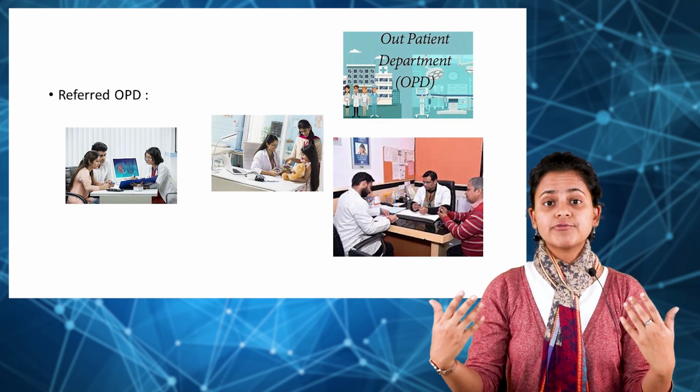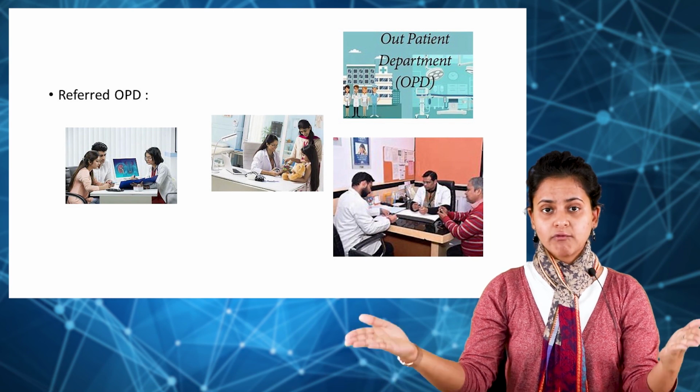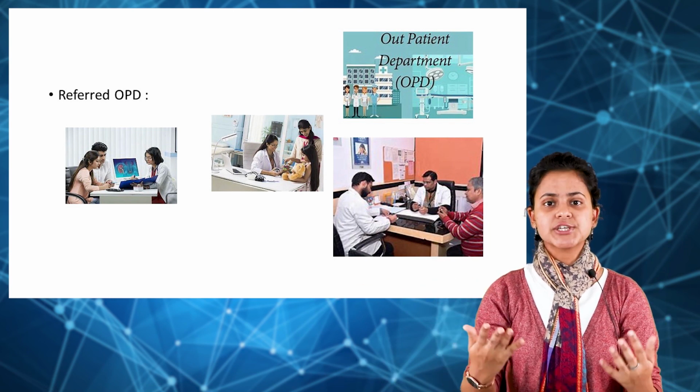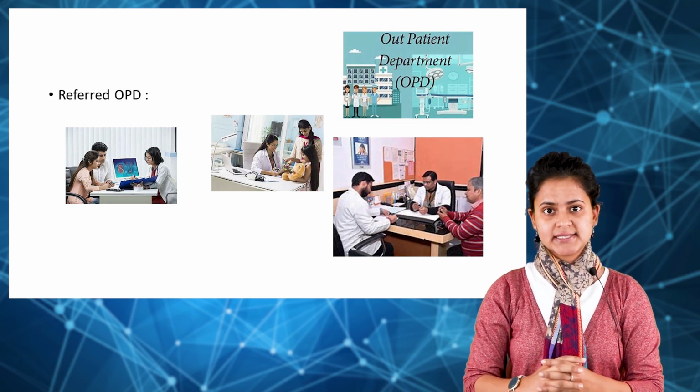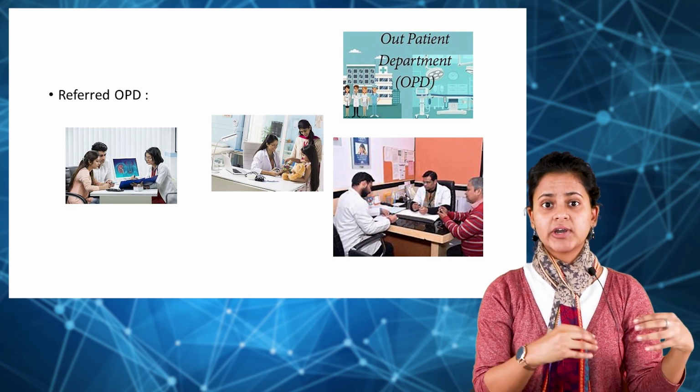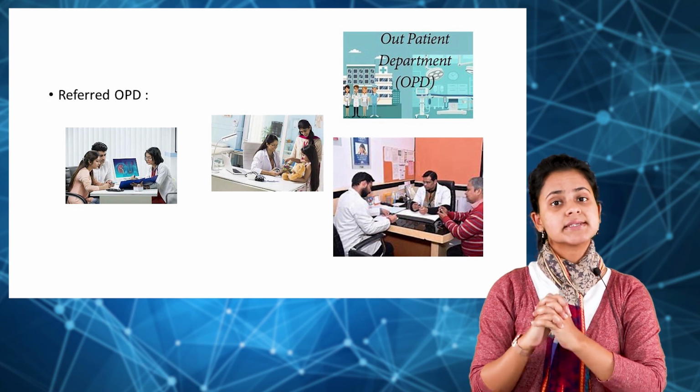That is how the referred outpatient department will be the specific and specialized outpatient department which will be dealing with the cases of a particular disease or of a particular system.